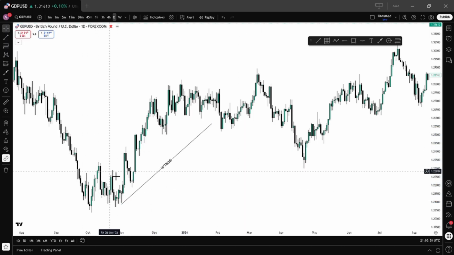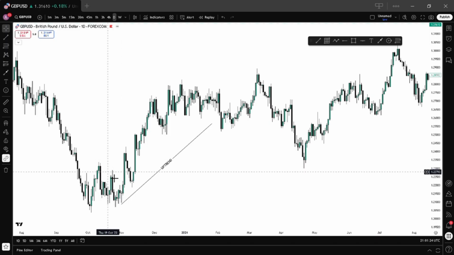So this is our higher high, higher low, higher high, higher low, higher high, higher low, higher high, higher low. Alright, so this is a break of structure. We should have a break of structure here, a break of structure here, a break of structure here. So that tells us that price is moving to the upside.